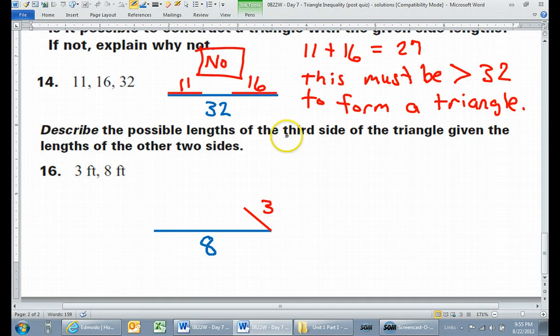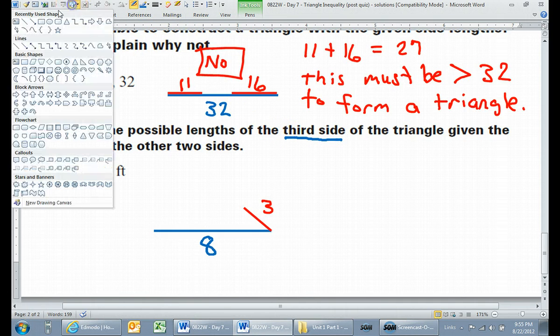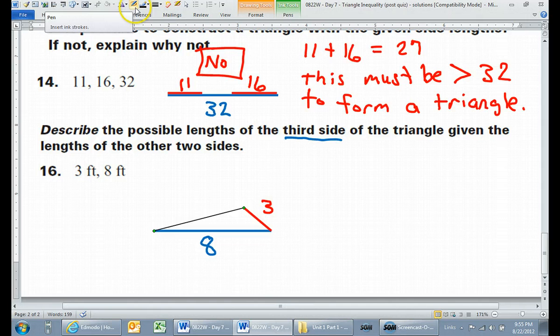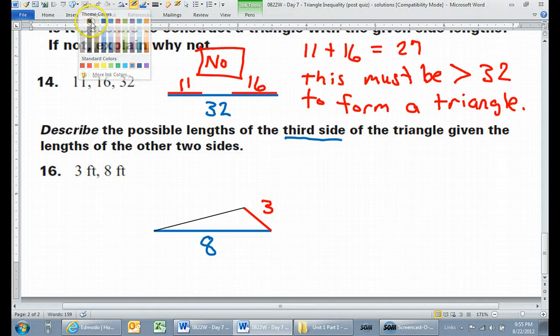Now this third side that they're talking about would be like this. This is the third side in question, which I like to call side C. So the question is, what are the possible lengths of C? The bottom line is, if we add these, we get the upper limit.